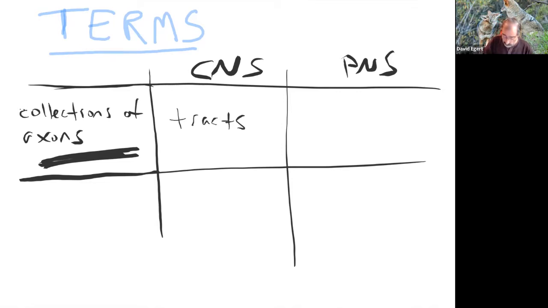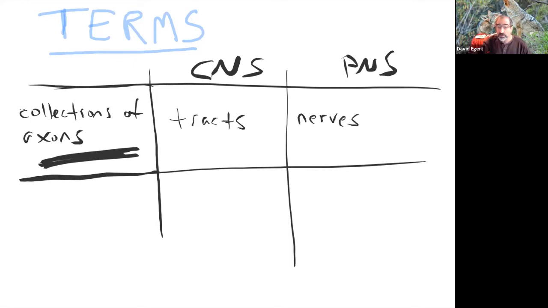In the PNS, we call it nerves. So when you have a nerve, like your ulnar nerve, your phrenic nerve, your femoral nerve, your median nerve, or your optic nerve, it's just a bunch of axons acting like a cable, sending information from one place to another.